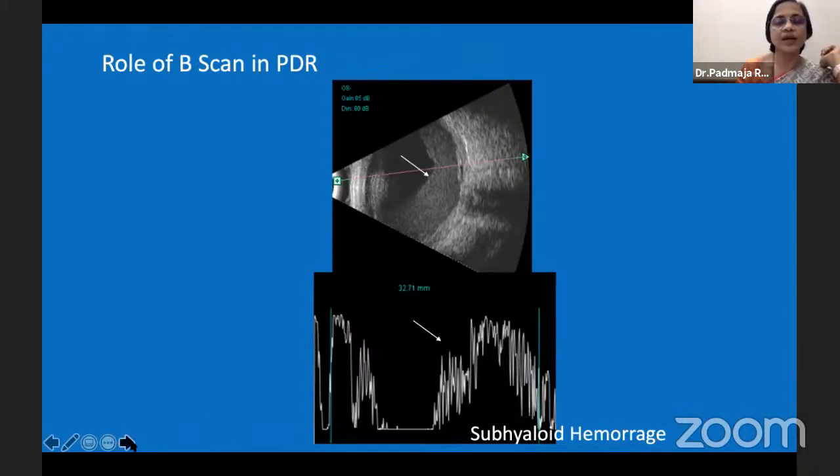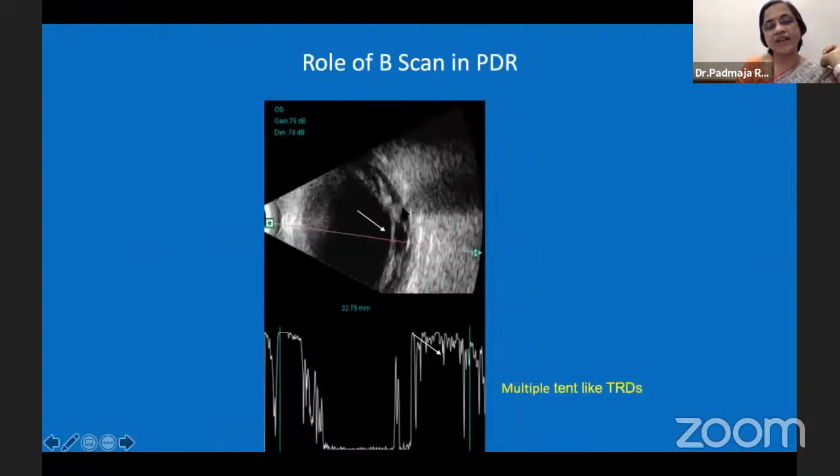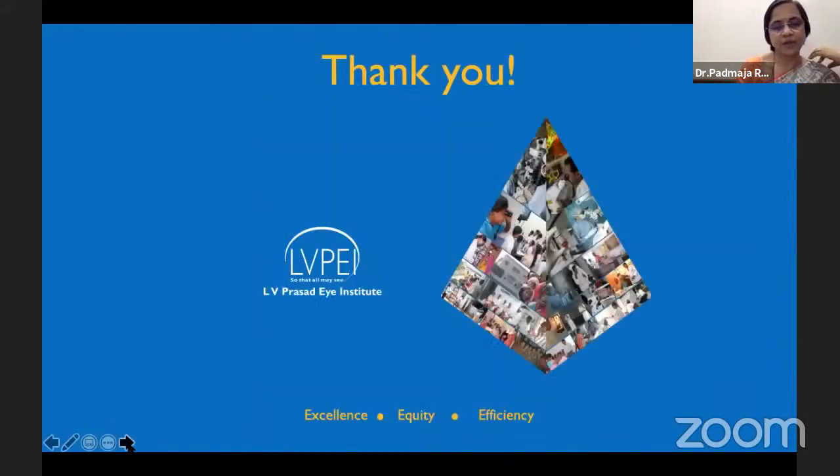So is it only a hemorrhage just behind the hyaloid in the vitreous, or is there a pull on the retina like a tractional detachment, or is it having a broad attachment? So it will tell us the prognosis. B scan is also an extremely useful prognostic factor for what we are going to expect after clearing the vitreous hemorrhage.